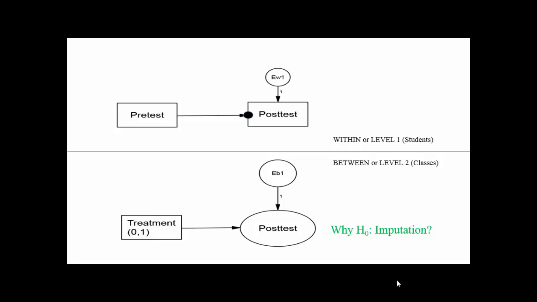So this big black dot right here says that because students from the same classroom are going to have correlated scores, there's going to be variation in the average post-test score across all classrooms. That's where we get level 2 or between or classroom level variation.